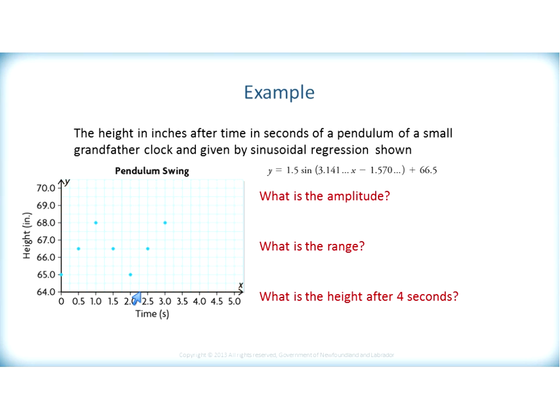If I said estimate the height of the pendulum after 3.5 seconds, then you could possibly say that it would be down around 66.5, since it would be the next point you're at your maximum, and the next point would be your midline for a sinusoidal function. So you would have to estimate and use the graph to answer questions and such like that.